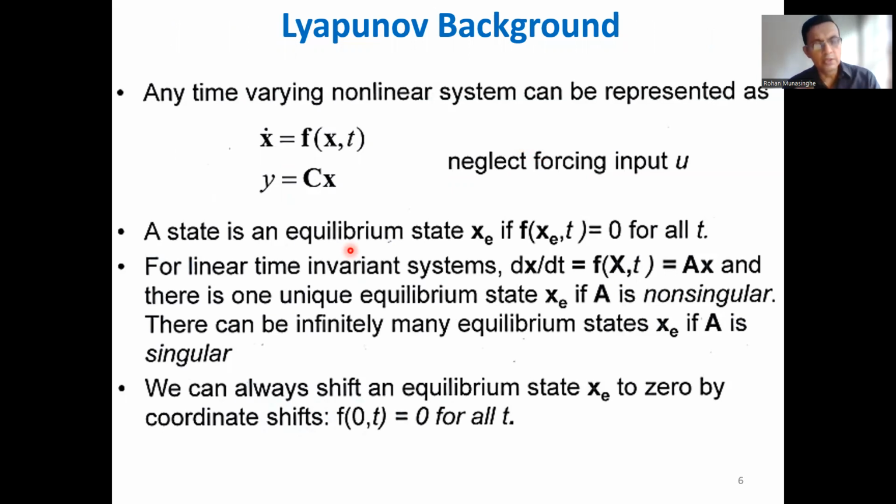Now, to put this concept into a mathematical framework, let's start with the equation for a plant. Any time varying nonlinear system can be represented using this equation. Maybe you haven't seen this before. What you have seen is x dot equals Ax plus Bu, the linear state space model.